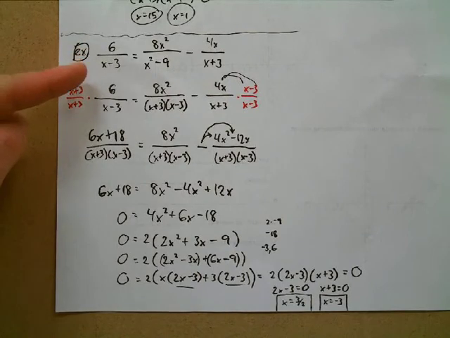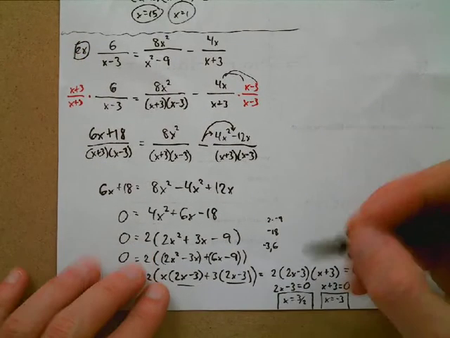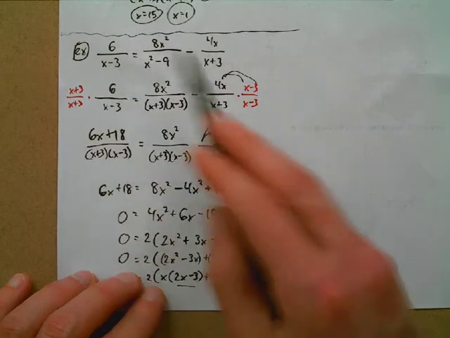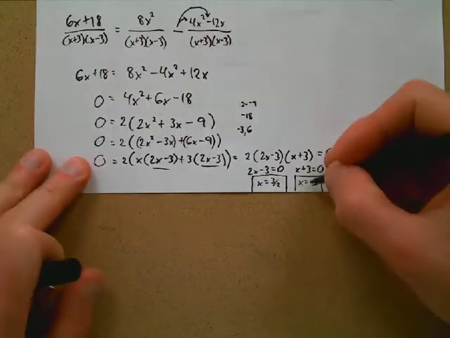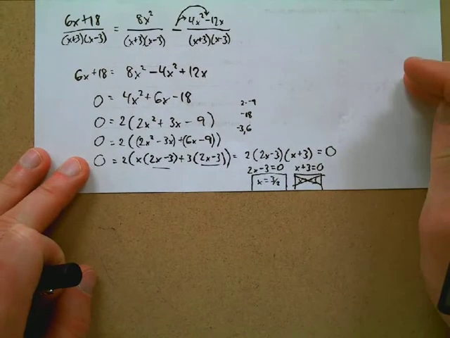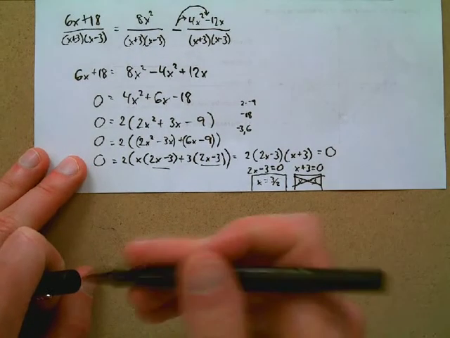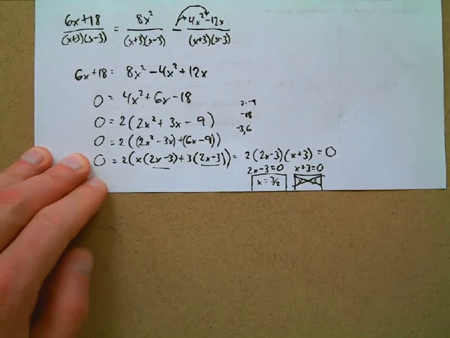If I plug in 3/2 into one of these x values, will I get a 0 in my denominator? No. If I plug in -3 into one of these denominators, will I get a 0 in my denominator? Yes. So we want to throw out -3, and only 3/2 works there.